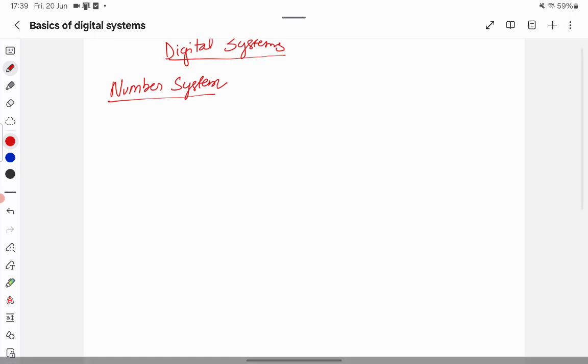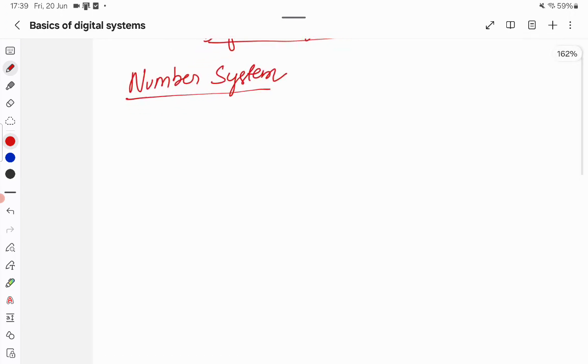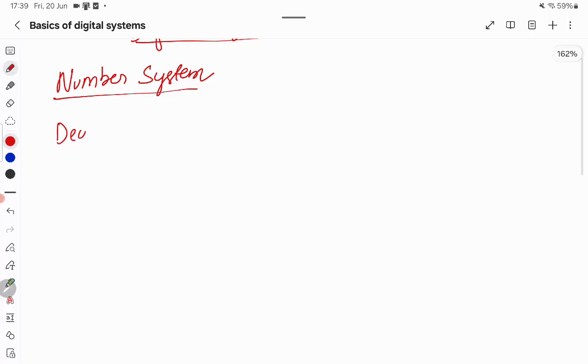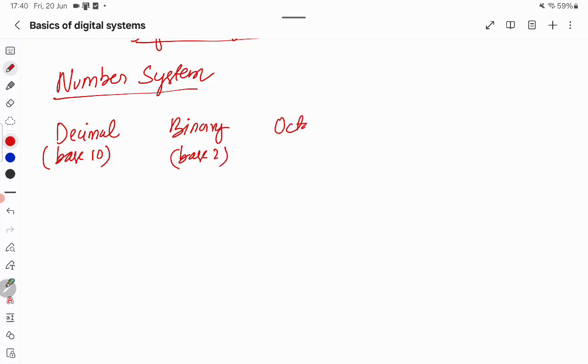Okay, so let's see. This is decimal with base 10, then binary with base 2, then octal with base 8, then hexadecimal with base 16.